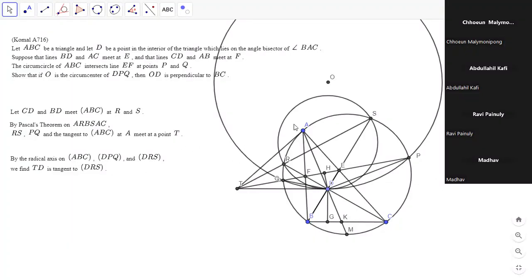And we can calculate this angle. You would need to show that TD is parallel to BC. If you know that, you can angle chase TA equal TD. So you have to show TD is parallel to BC, and that is equivalent to TD being tangent to DRS.